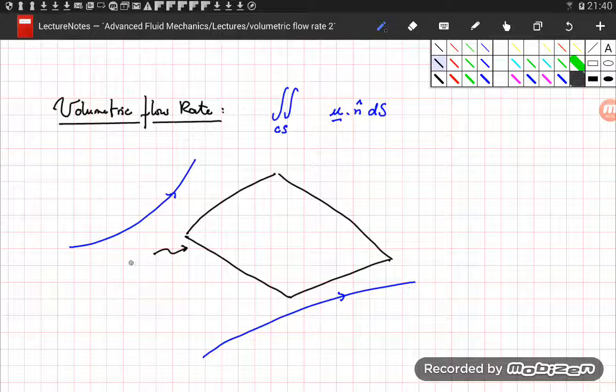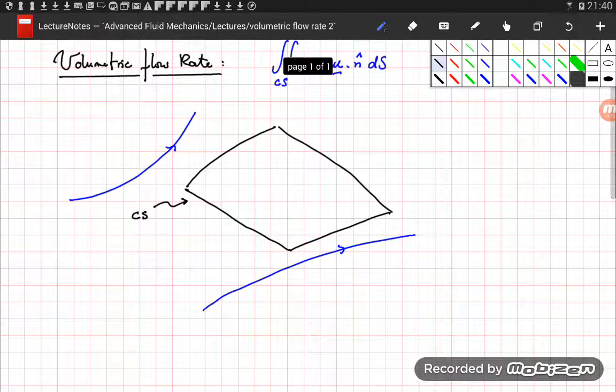So here I have just an open surface, and let me call this surface CS. Assume this is, for instance, seawater, and we're thinking about transport, and we're wondering how much salt flows through this particular surface per unit time. So how much sodium ions, for instance, flow through this surface per unit time.